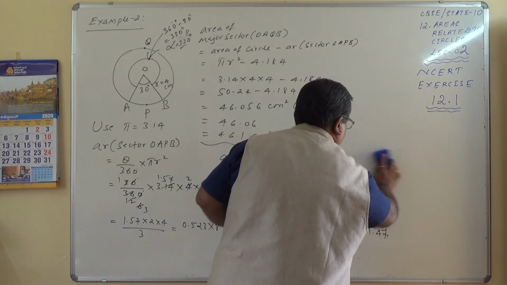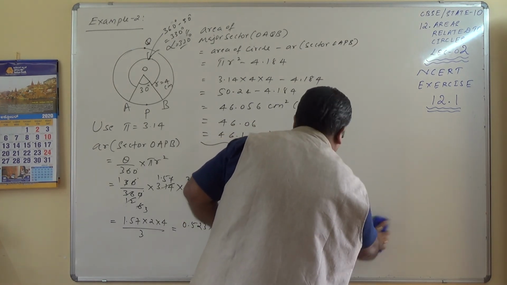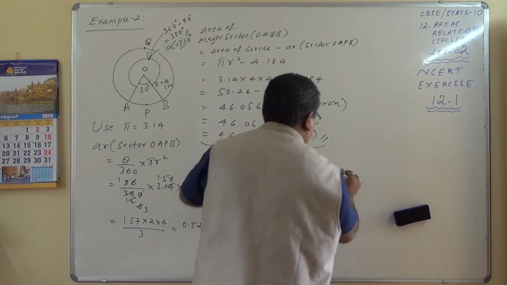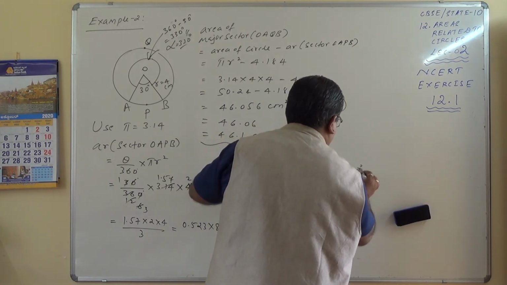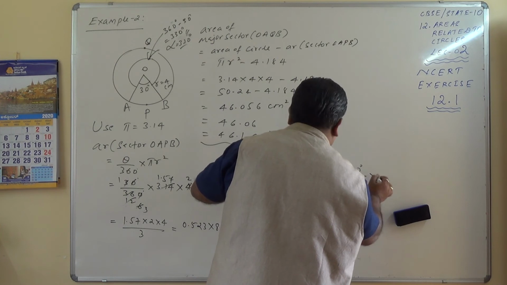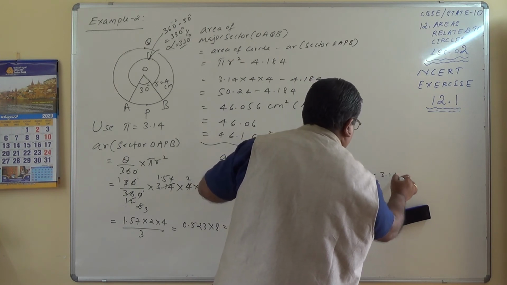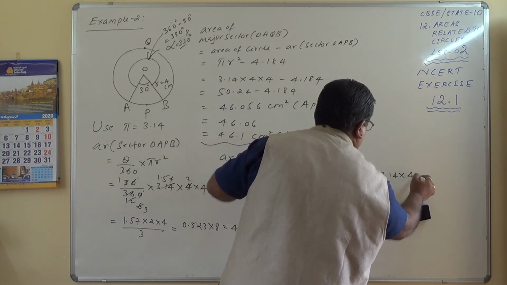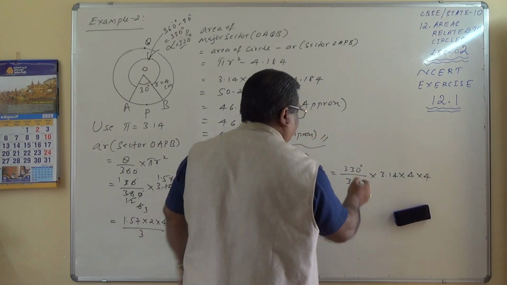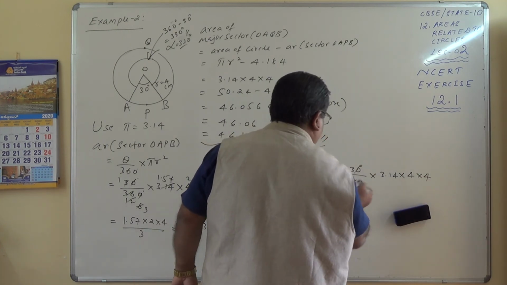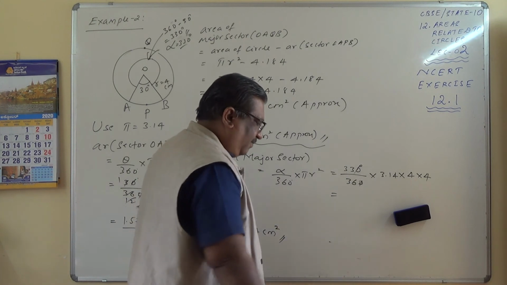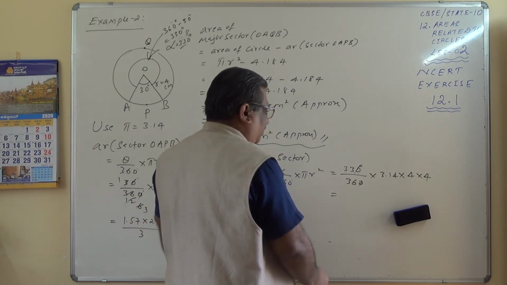So you can calculate, it is coming out the same answer. So this is 330 degrees divided by 360 into 3.14 into 4 into 4. If you work it out, you can work out yourself, we are getting 46.05 only.